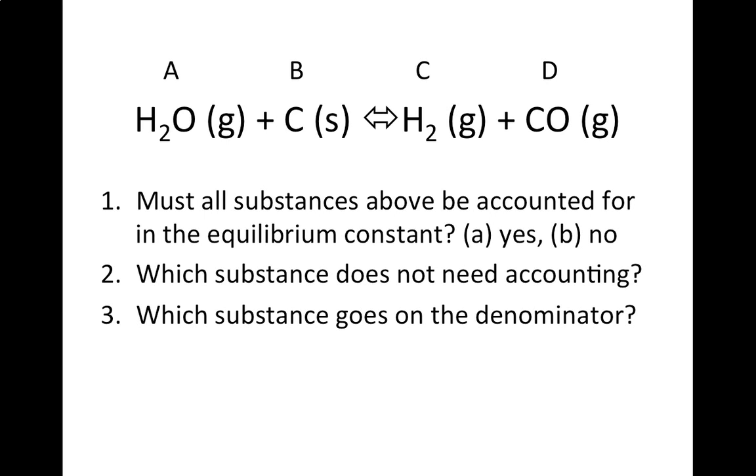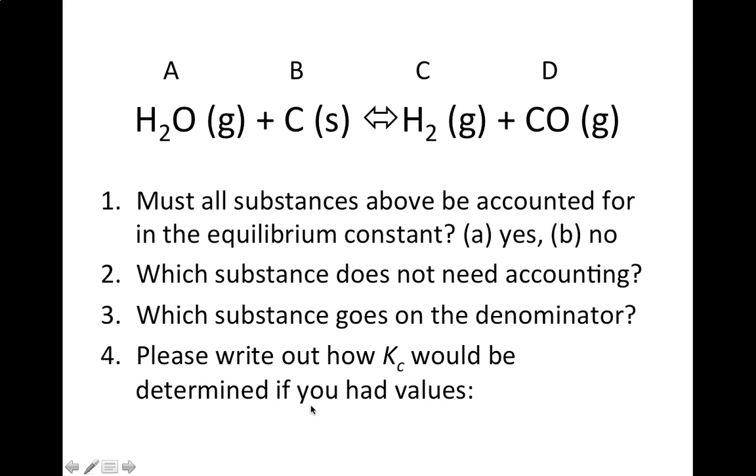Next question, which substance goes on the denominator? The denominator is going to be the water, because it's products over reactants. The only reactant that matters for us is the water. So next, we can write our Kc value. It is the concentration of CO times the concentration of the hydrogen, divided by the concentration of the water.